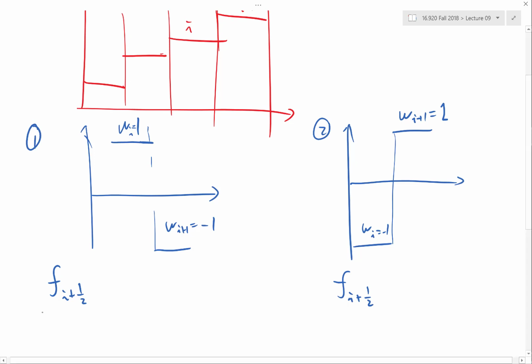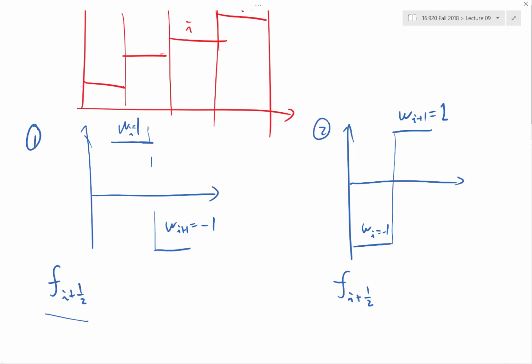First of all, let's answer the first question. In the left-hand side case, what should Fi plus half be? Should be 0. Why? Or rather, half.